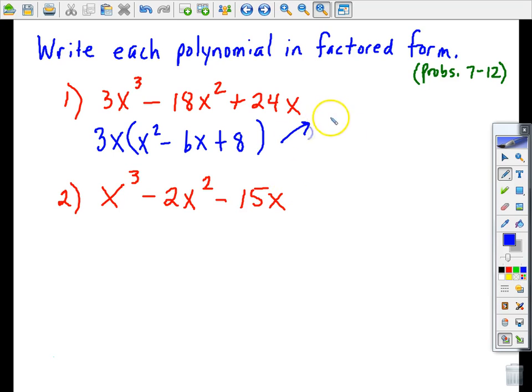If you write 3x, and then the parentheses would be x minus 2. Or would it be minus 4? I think it's 4. Either 4 and 2. Factors of positive 8 that add up to -6. She got it right. Very good.